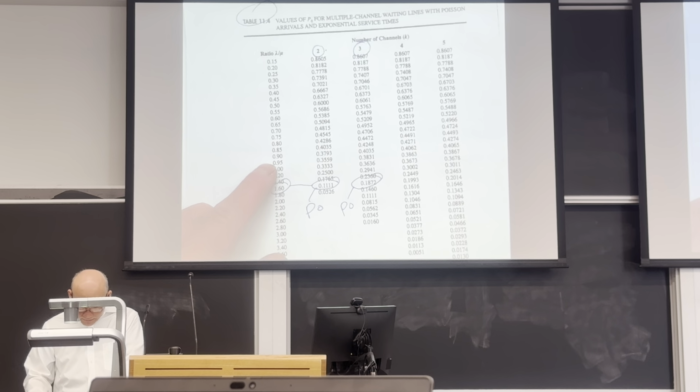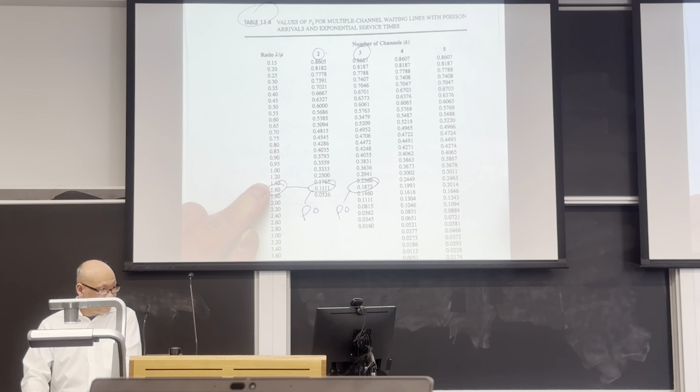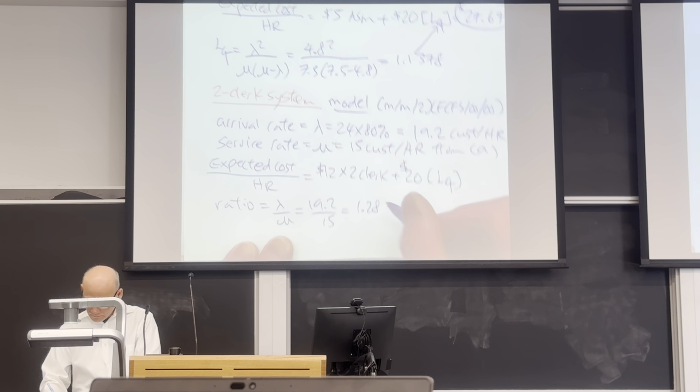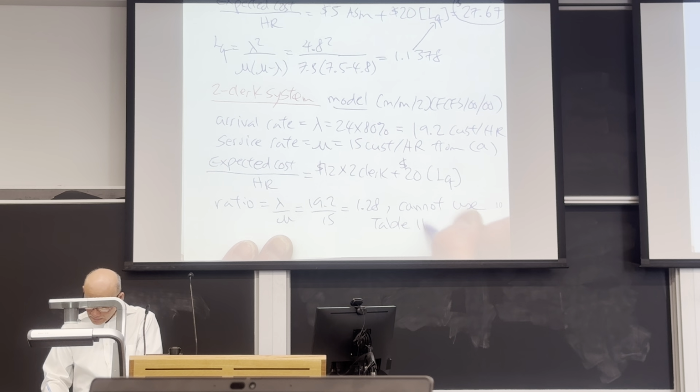Okay, 1.28 is not on the table. So what does that mean? It means back to the formula. So we cannot use table 11.4.